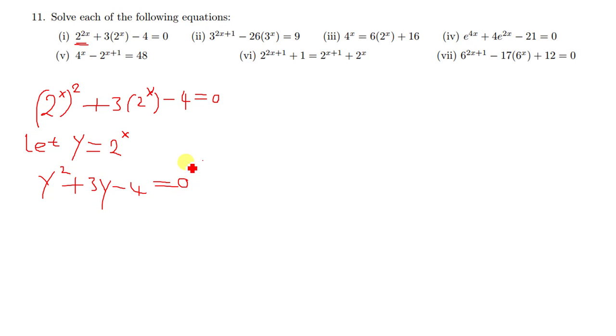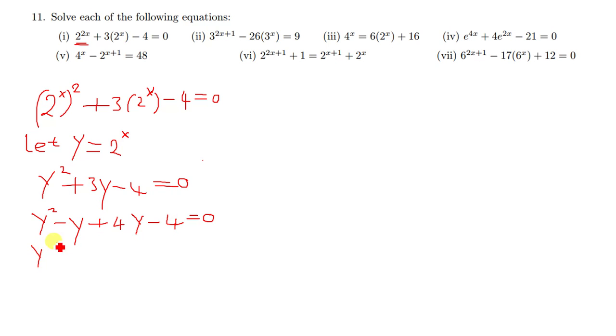So what do we do now with this? Simple. We factorize this now. So let me just do the factorization from here. We're going to have y squared, then negative y, then positive 4y, and then minus 4 being equal to 0.